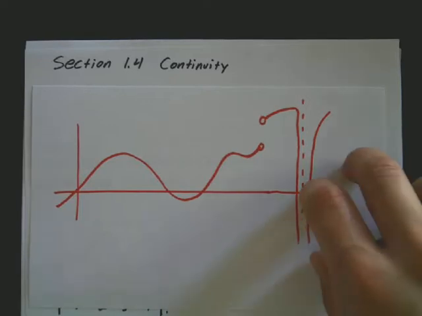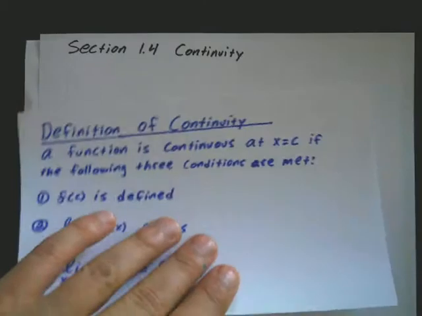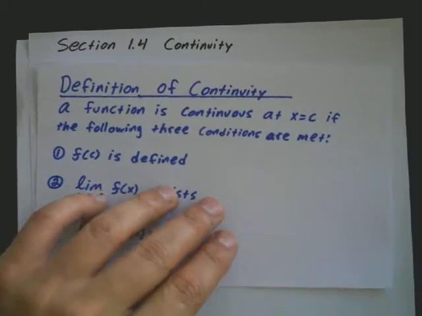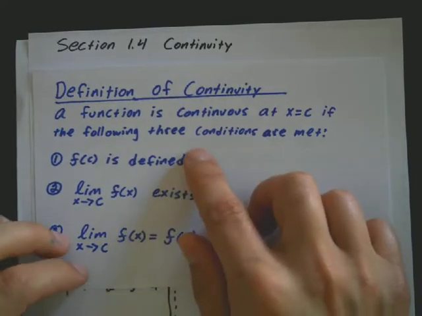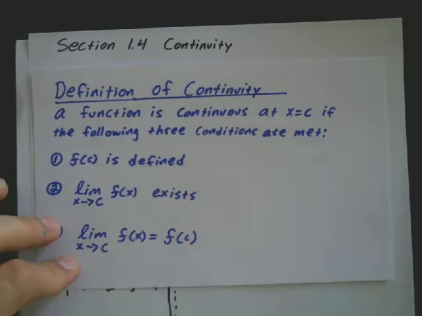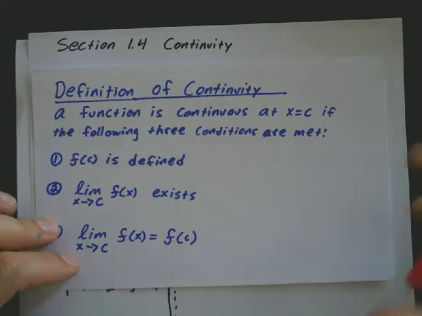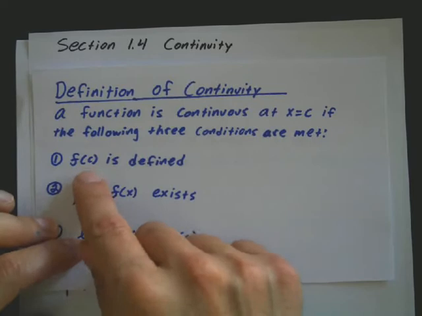So the mathematical definition of what a continuous function is is as follows, and I'll explain this in just a second. There are three things that have to be met. A function is said to be continuous if all three of these things are satisfied. First, it has to be defined at that point, meaning that I have to be able to find a value for it at f of c.